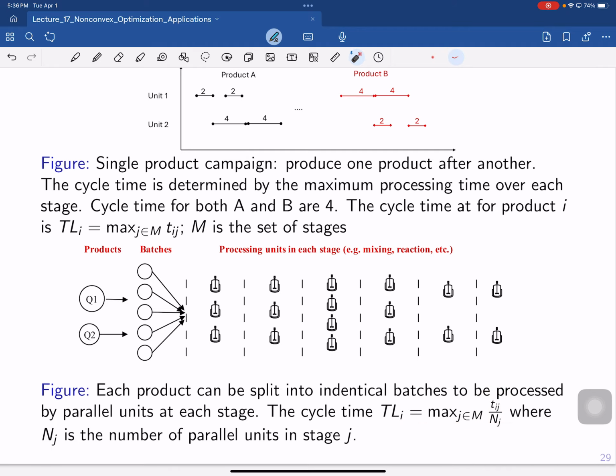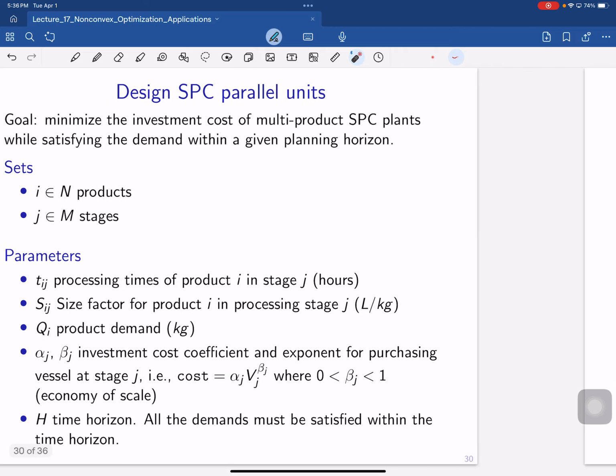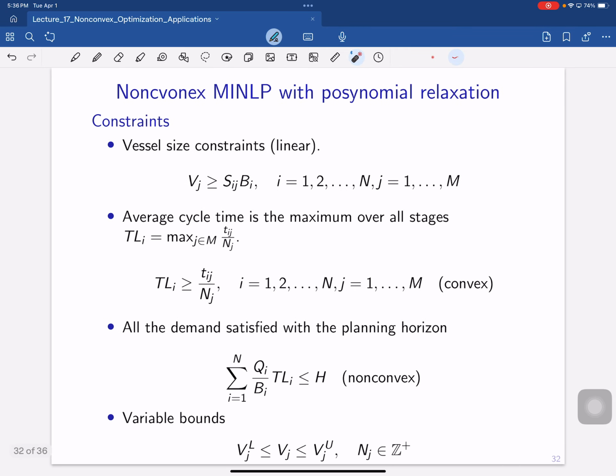Suppose you can run all the batches in parallel on the nj machines. So that's what this constraint is about. This constraint is nonlinear, but it is a convex constraint, right? The Tij is a parameter, nj is a variable. So 1 over x is a convex function, right? If x is greater than or equal to 0.